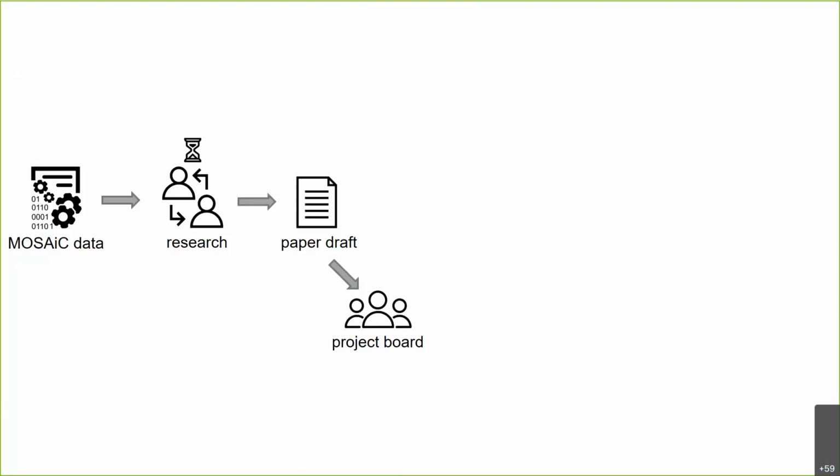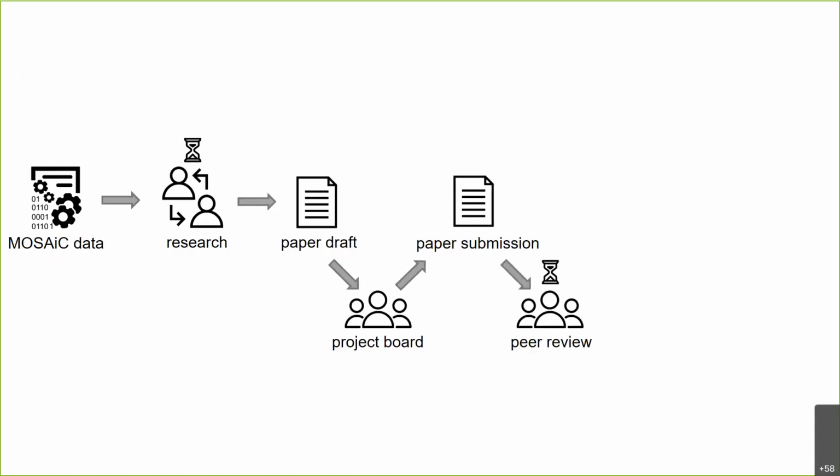In case of MOSAiC project, the draft then goes to the project board, where potential authorship issues are resolved, and it's checked if the paper contains proper project attribution and data citations. And after that, the paper can be submitted to a journal, goes through peer review, which again, as you know, takes time.